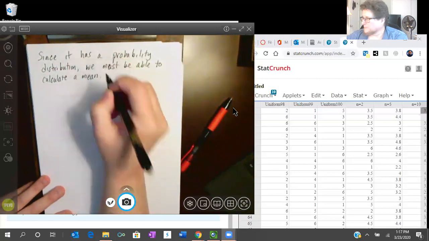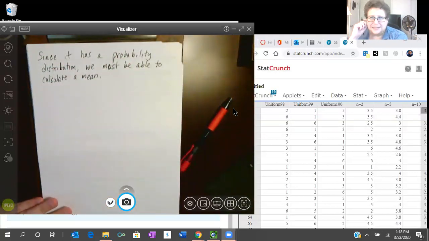And interestingly enough, as I'm going to show you in a second, it doesn't really matter the starting shape of the distribution, whether it's uniform or skewed left or right.